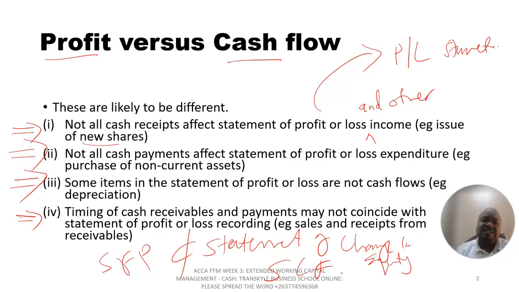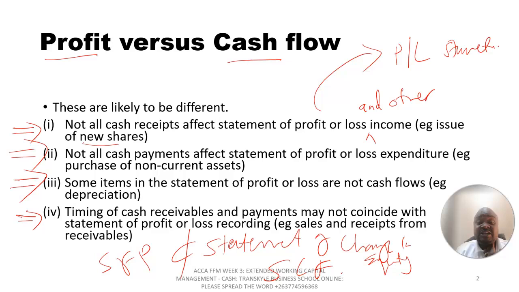All right, so let's say you sold something for 1 million on 31st of December, which is the year end. You need to record that sale, but it doesn't mean that in your cash flow the sale is going to impact the cash balances.